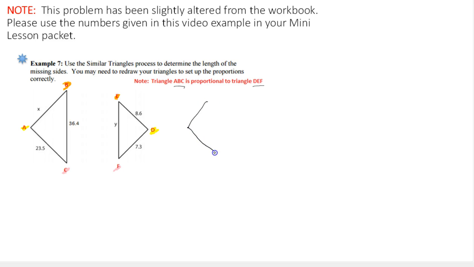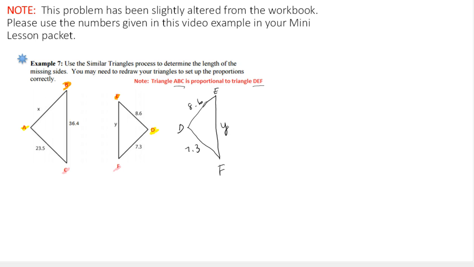So I'm just going to flip this and make this D, this is E, and this is F. Now I'm going to make sure that I have the sides labeled properly. Notice DF right here is 7.3, and the side DE is 8.6. And this side is unknown, which is Y.